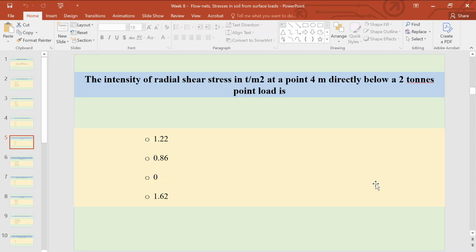Options: first option 1.22, second option 0.86, third option 0, last option 1.62.